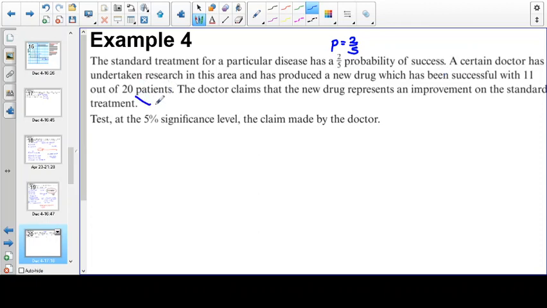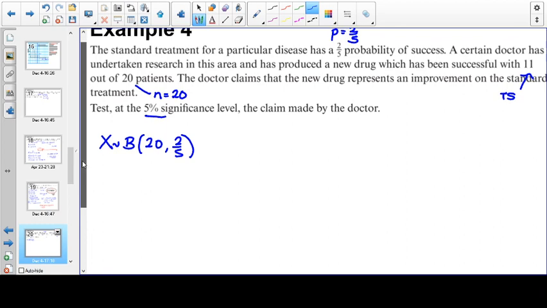So the 20 is N, and the 11 is the test statistic. And then we've got this 5% significance level. Okay, so the first thing we can write down is our binomial information. N is 20 and P is 2/5.